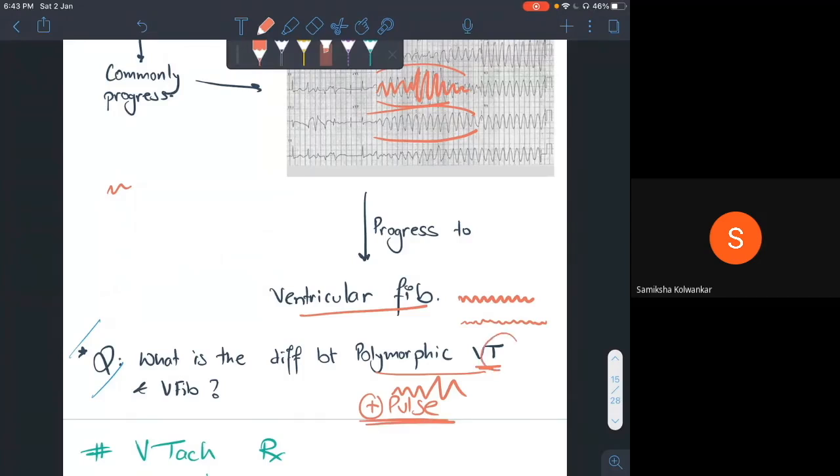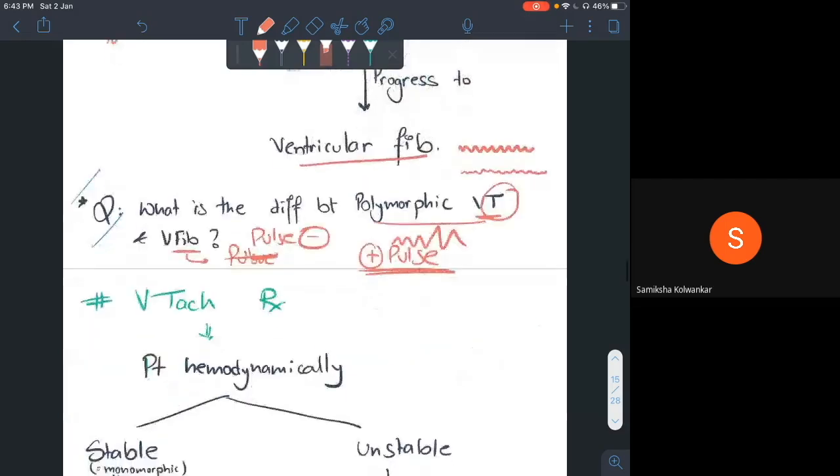Ventricular tachycardia means the ventricles are still pumping an adequate amount of blood, where some amount of perfusion is happening. Whereas ventricular fibrillation leads to the ventricles not being able to pump blood for any sort of blood supply to any organs. So therefore, usually pulse is negative in these sort of situations.